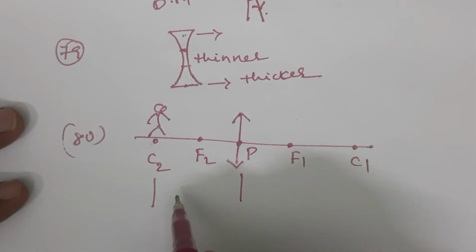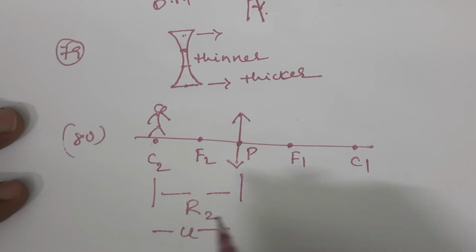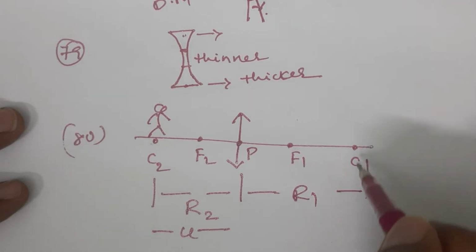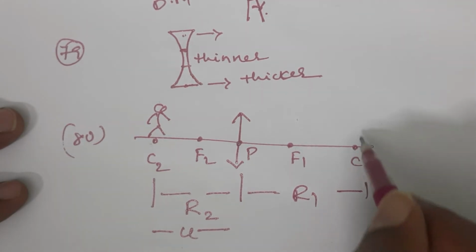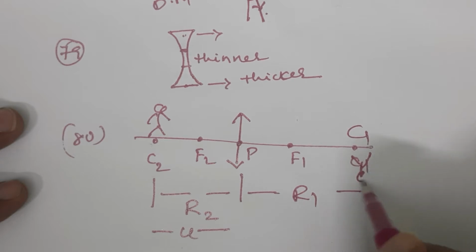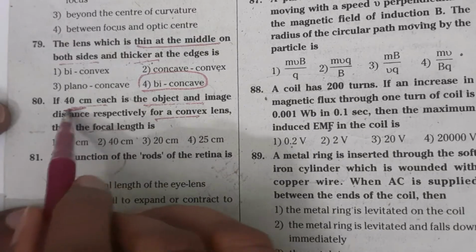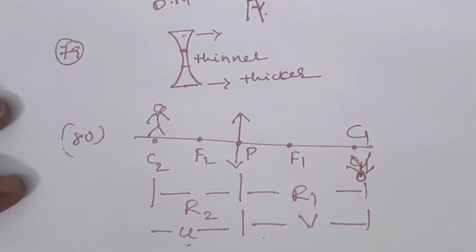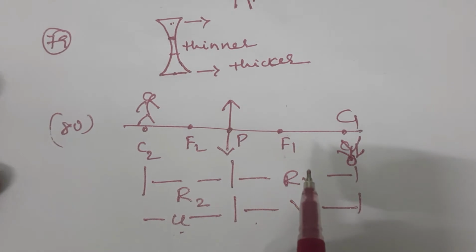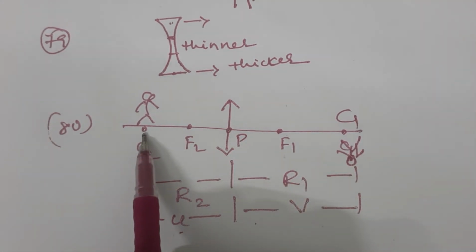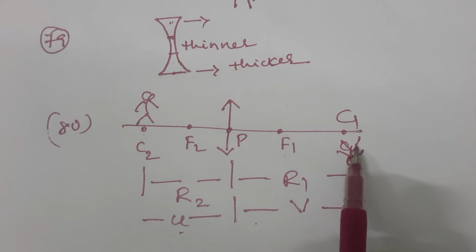From here to here it is the radius, and also the object distance, and here the image is formed at the center of curvature C1. So this is also equal to the image distance, but the image distance and object distance are both given the same, 40 centimeter. So when the object and image distance are the same, the object must be placed at the center of curvature, and then the image is also formed at the center of curvature.